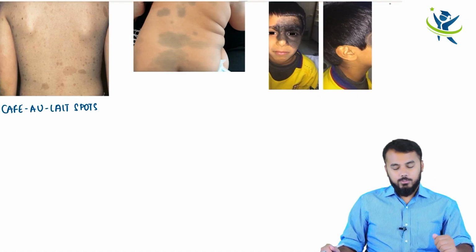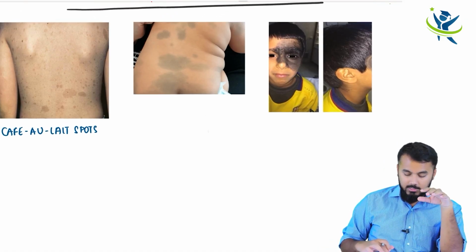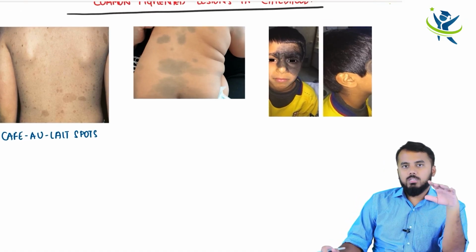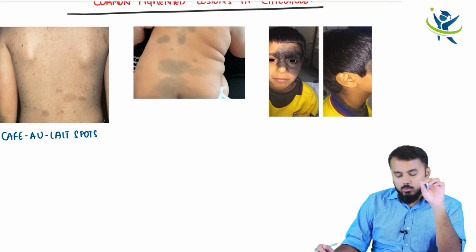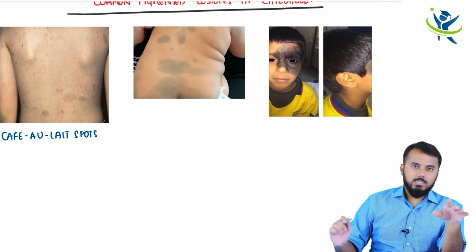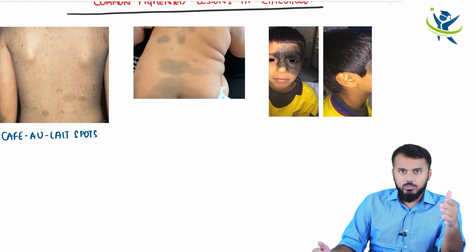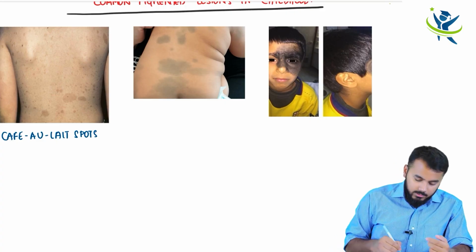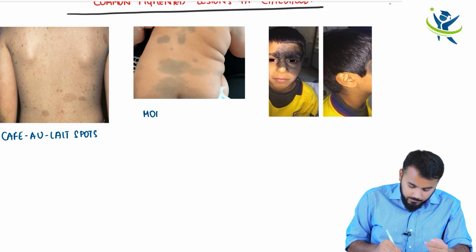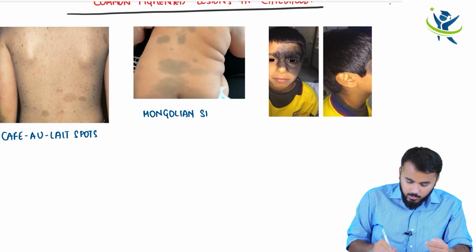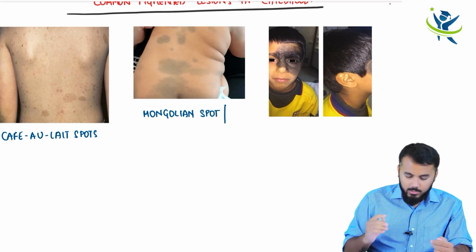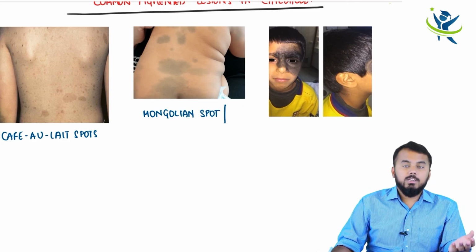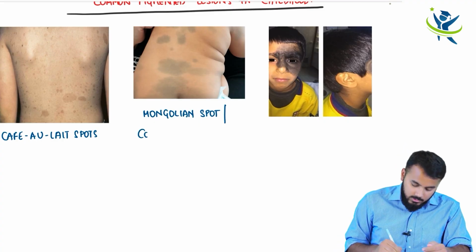Now the second important thing, the bluish patches. These bluish grayish patches, most commonly you see on the lower back, on the back side, in newborn individuals, and these are called Mongolian spots. The other name for this is congenital dermal melanocytosis.